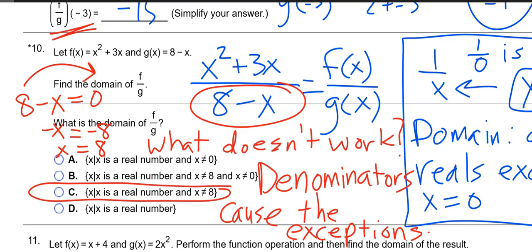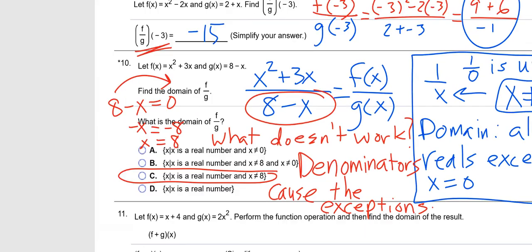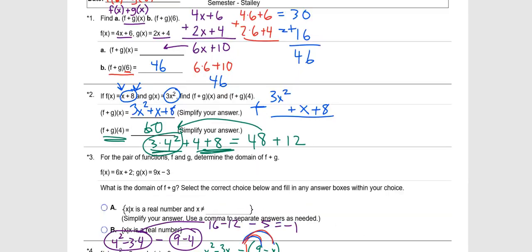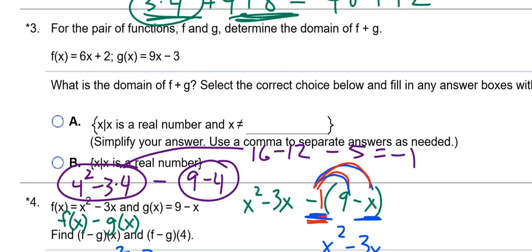If you don't see the denominators, it's going to be all reals, all reals, all reals. Go back up to question 3. We skipped question 3 a while ago.